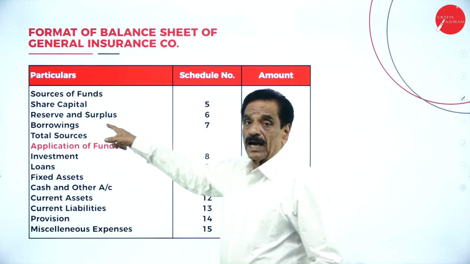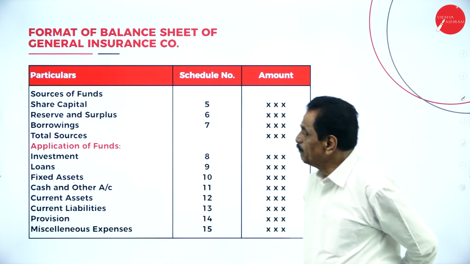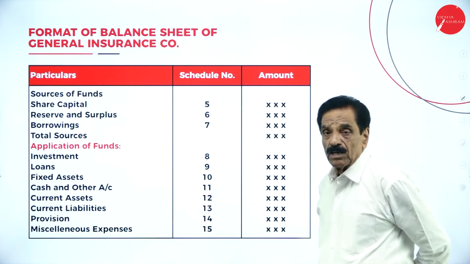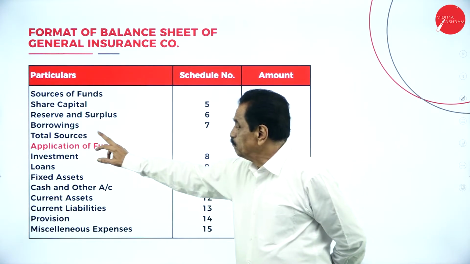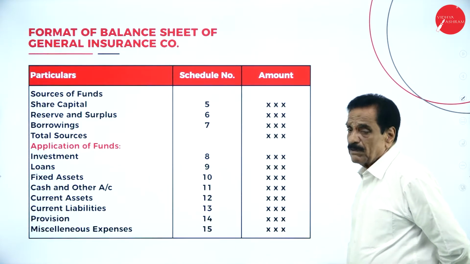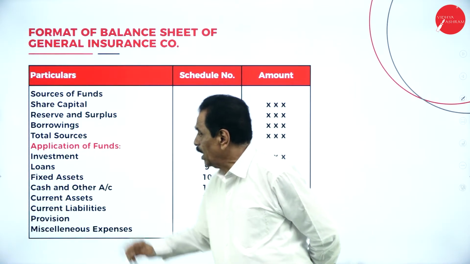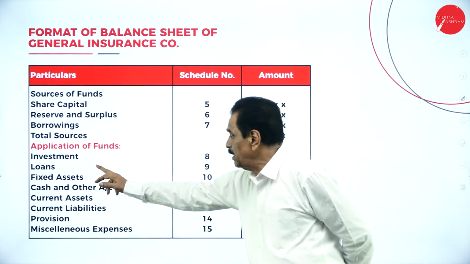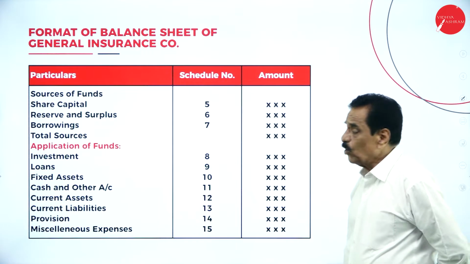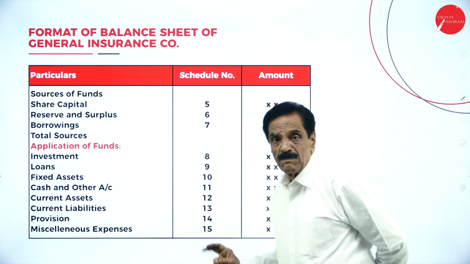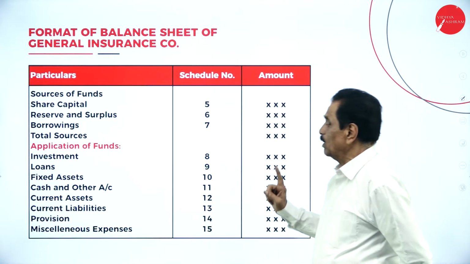So share capital, schedule number 5, reserve and surplus, schedule number 6, borrowings, schedule number 7, that is the total source. Application: investment, schedule number 8, loans, schedule number 9, fixed assets, schedule number 10.